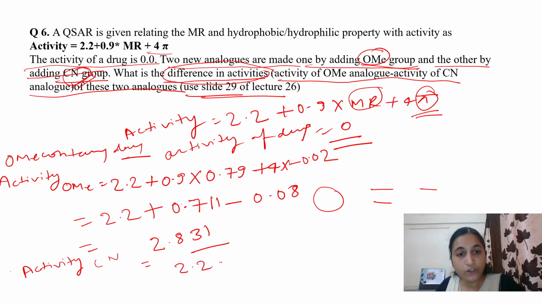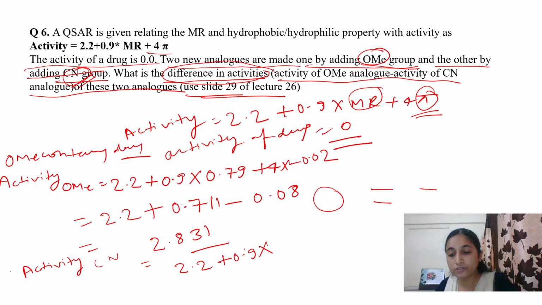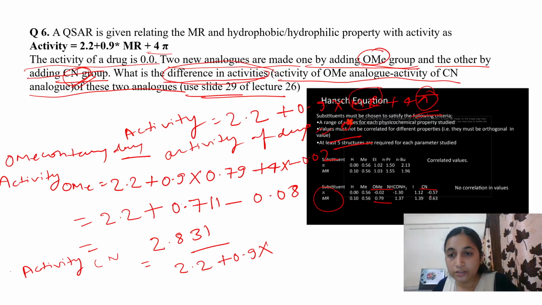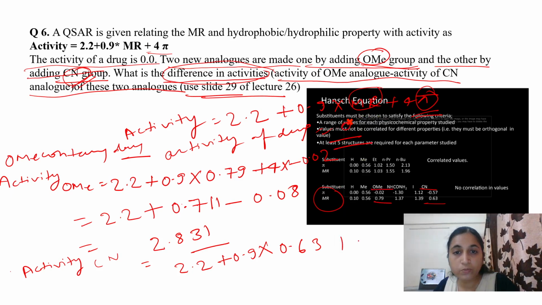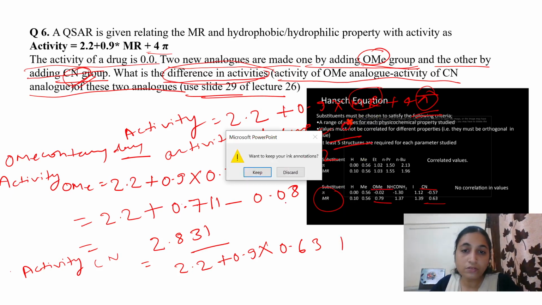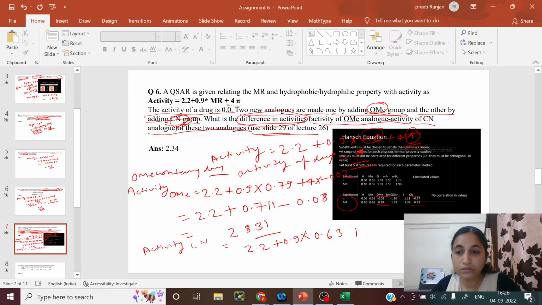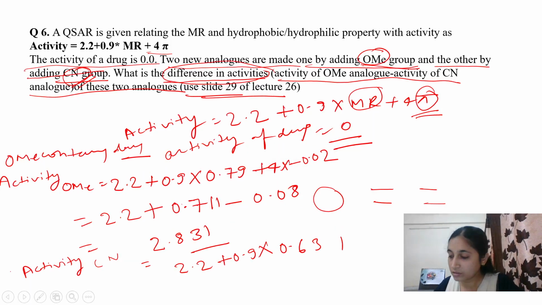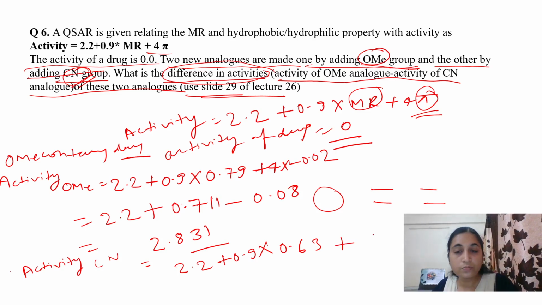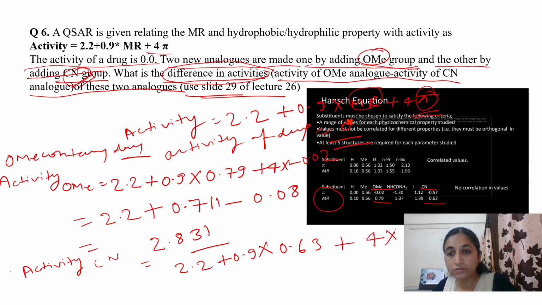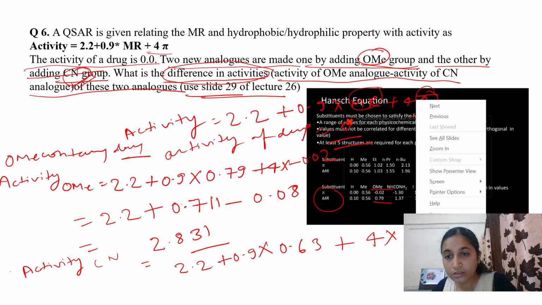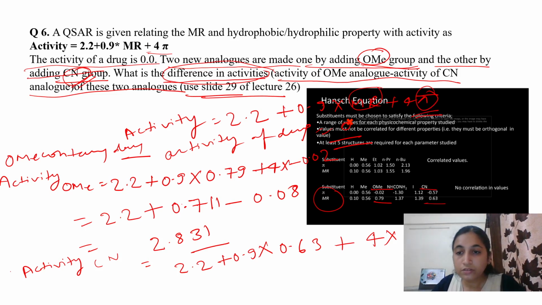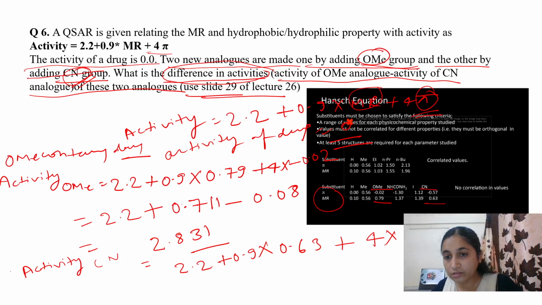So again, this will be 2.2 plus 0.9 into, and here it's given MR value 0.63, plus 4 into, how much it's given, minus 0.57, right?